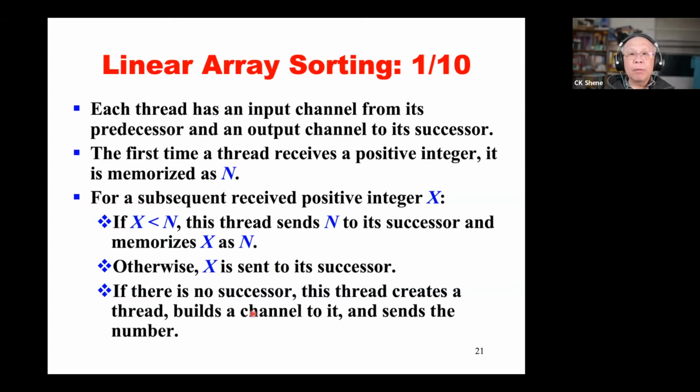And then after the channel is built, send the number out. So this is easy. The first two steps assume that a thread has a successor. The third bullet indicates that if there's no successor and I have to send the number out, then I build a successor and the channel to it, then send the number out.